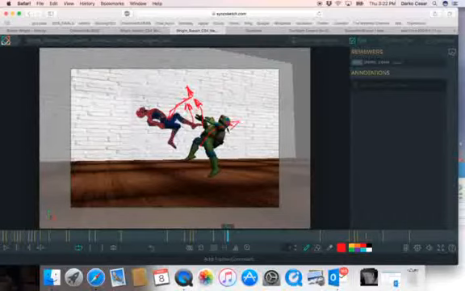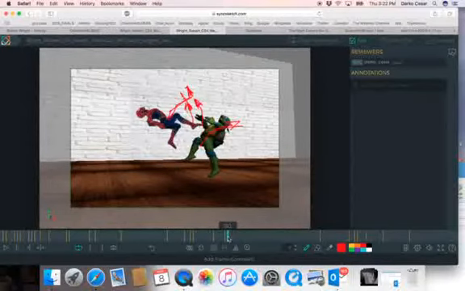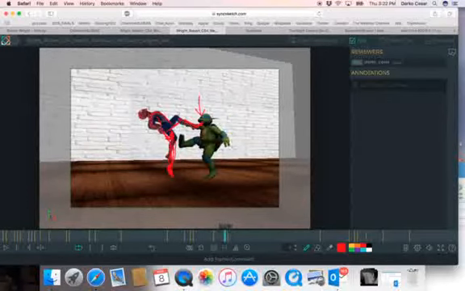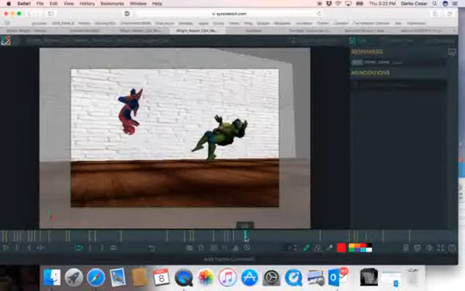So the leg goes up and the turtle is going that way. So you have two directions. The leg continues going where it was supposed to, and now the turtle being hit is going back. There is a problem when you are looking at a line of action. Let's take a look at Spider-Man's head. Good, good, good. Boom. It goes up and then continues.